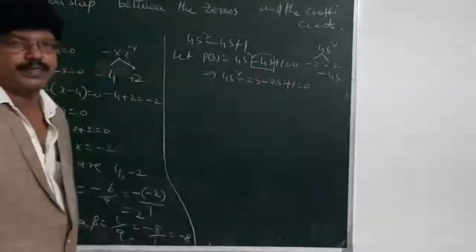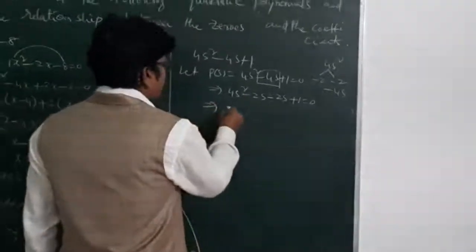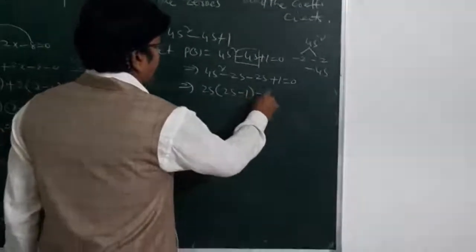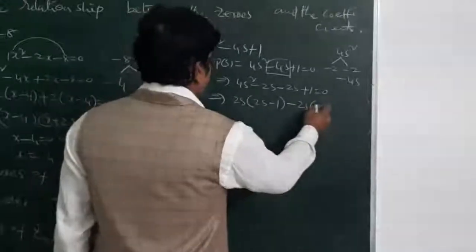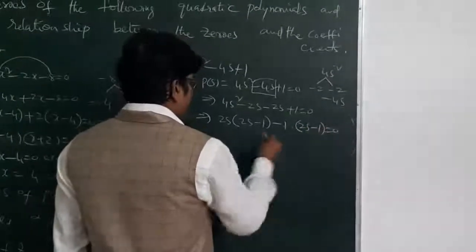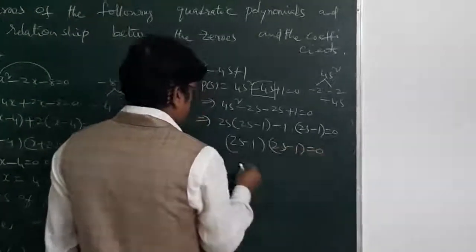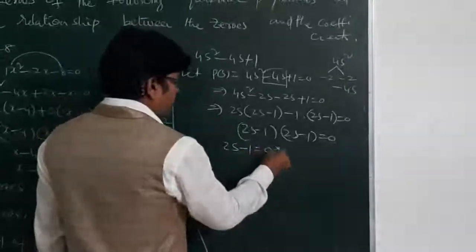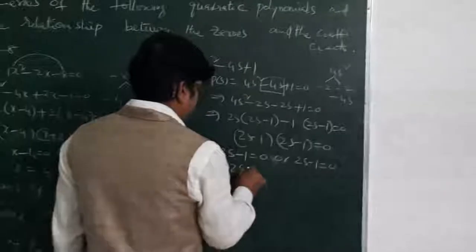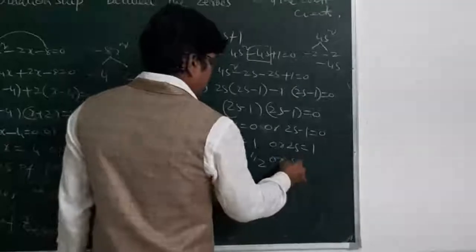We separate only the middle term; the first and last terms stay the same. 2s common: 2s minus 1, minus 1 common: 2s minus 1, equal to 0. So 2s minus 1 equal to 0 or 2s minus 1 equal to 0. 2s equal to 1, so s equal to 1 by 2 or s equal to 1 by 2.